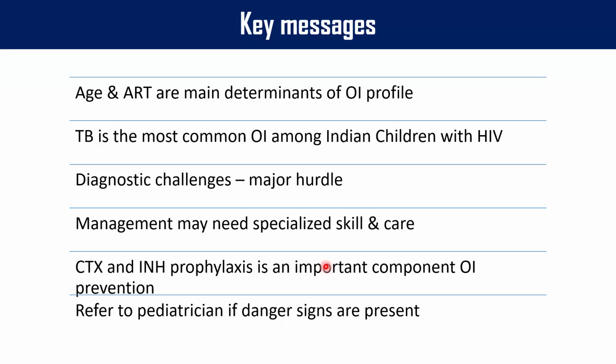Always keep your pediatrician on toes, keep them in the loop, keep them in good humor so that whenever you need them, you can tap them and you can save these children from getting into a severe illness, and even prevent mortality. So always refer to the pediatrician if there are danger signs.